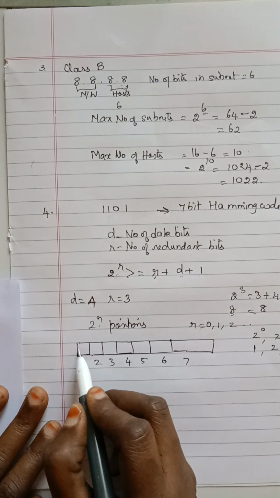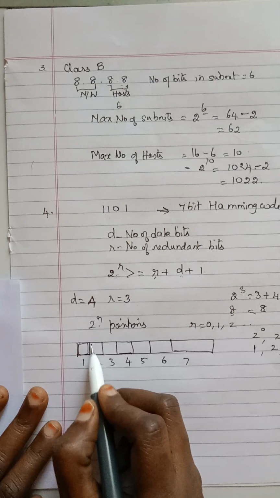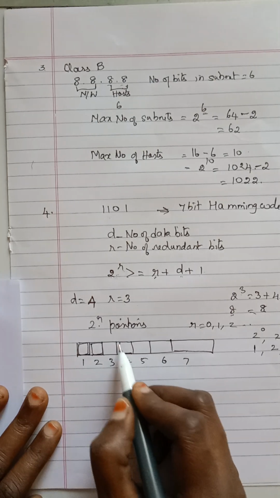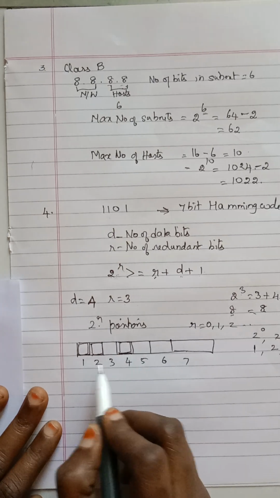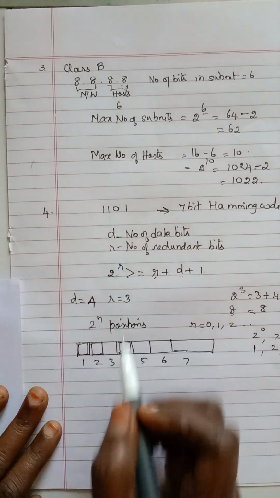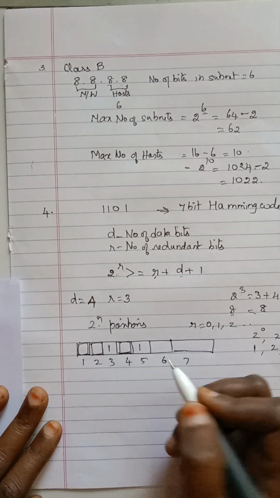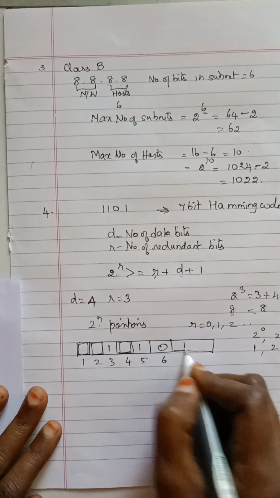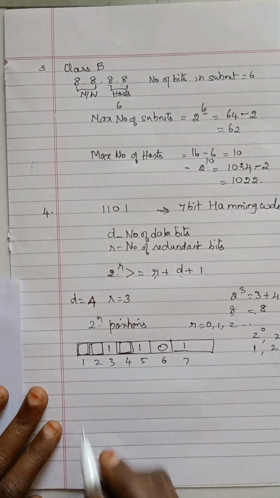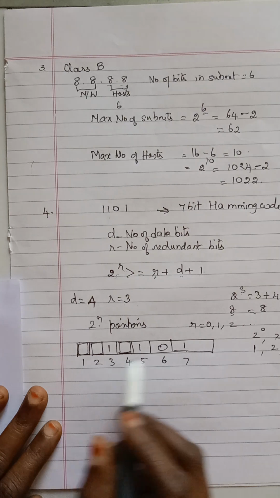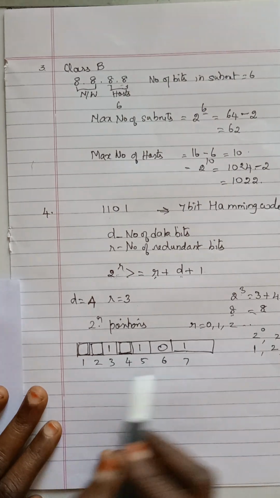Here we mark 1, 2 and 4 for the parity bits. Now we write the data bits 1, 1, 0, 1 and fill in the other positions.